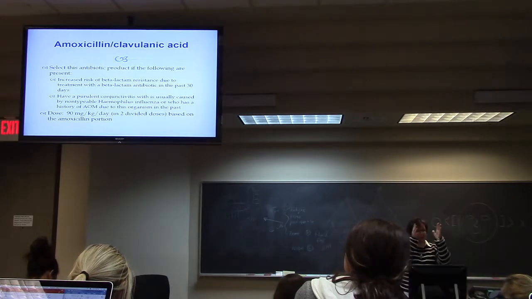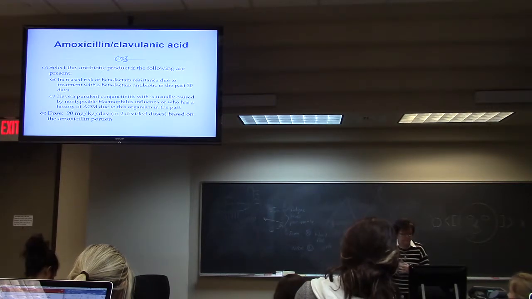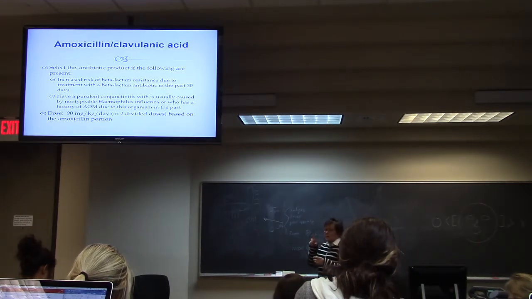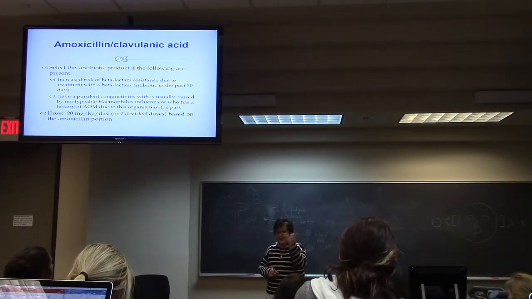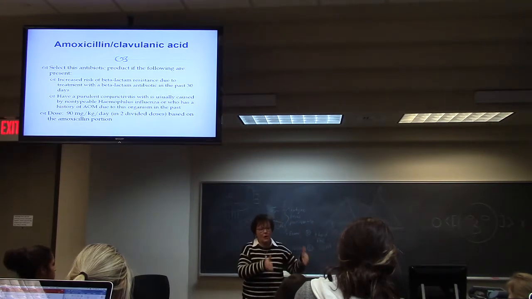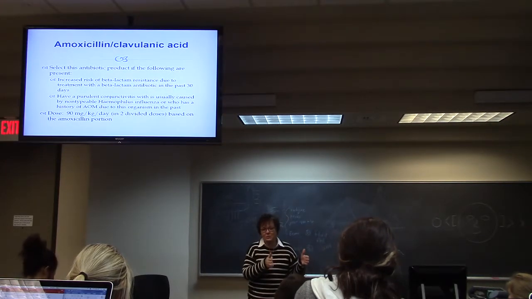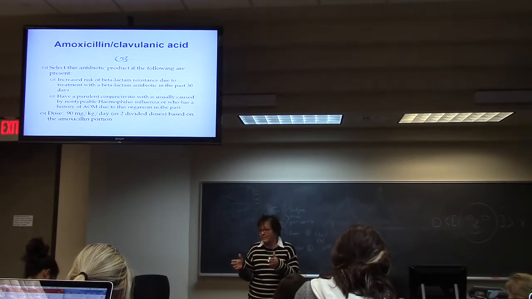So really, you just have to learn one set of criteria. It's either absent or present. Dose is the same. Now, you will see doses based on clavulanic acid and the amoxicillin. Just go with the amoxicillin, because that's the drug that's going to be effective.